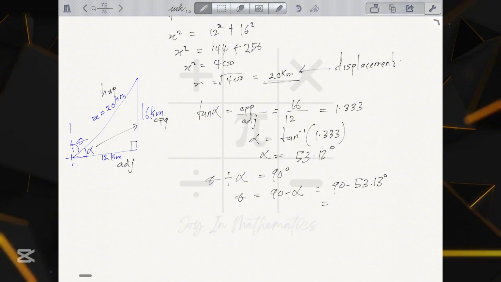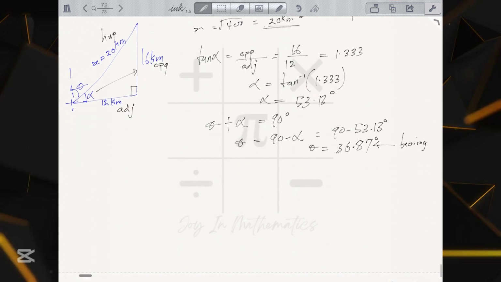And this would give us 36.87 degrees. So the bearing is 36.87 degrees. Now, to write it in terms of true bearing, we can write it as 037 degrees because it's approximately 37 degrees.